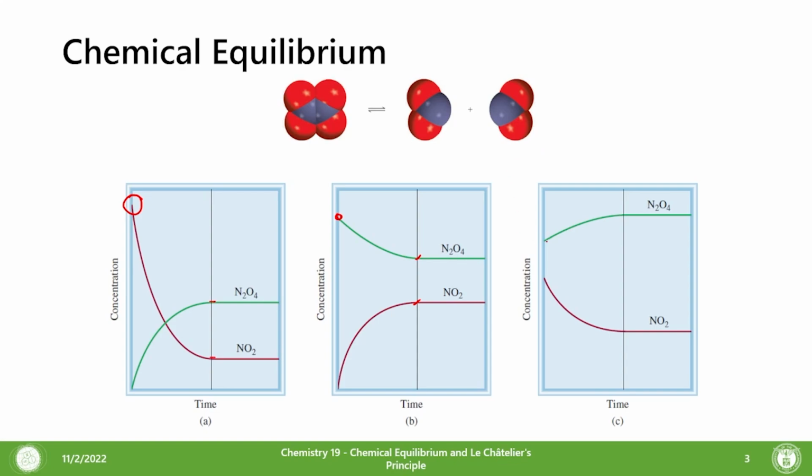So whether we have a mixture of N2O4 and NO2, okay, it will proceed to give us more N2O4 and decrease the amount of NO2, and will still reach a point of constant concentration, which we call equilibrium. Okay, so it doesn't really matter how much time it takes for us to get there.